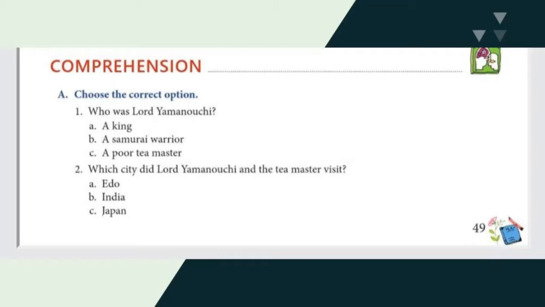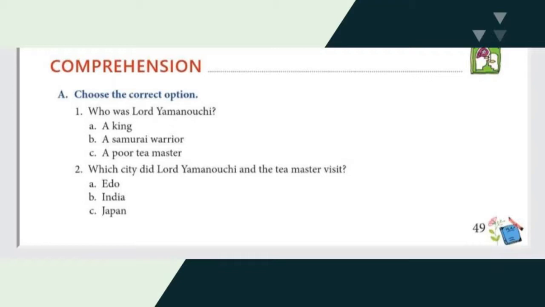What is the answer for the first one? Yes, you're right. We know very well that Lord Yamanouchi was a samurai warrior. So tick on the option B. Let's move to the second one. Which city did Lord Yamanouchi and the tea master visit?